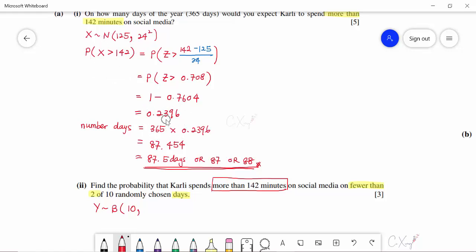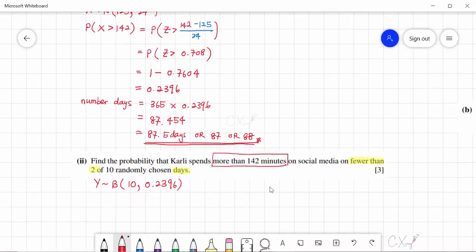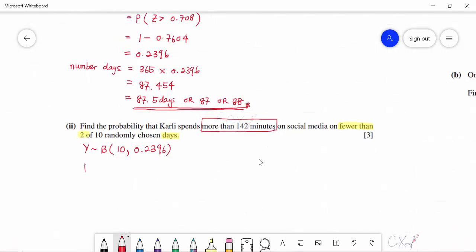The probability is 0.2396. And if you look at this question again, they want you to find the probability that the number of days is fewer than 2. When you have a binomial distribution, your value of y takes all the integers. So what are the values for smaller than 2?